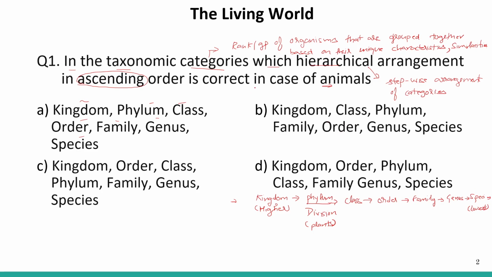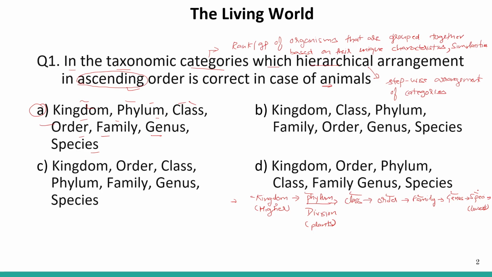So here they are talking about the ascending order. So option A should be correct. First we have kingdom, then we have phylum, then class, then order, family, genus and species.